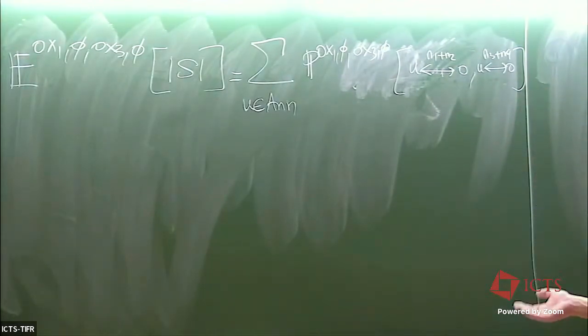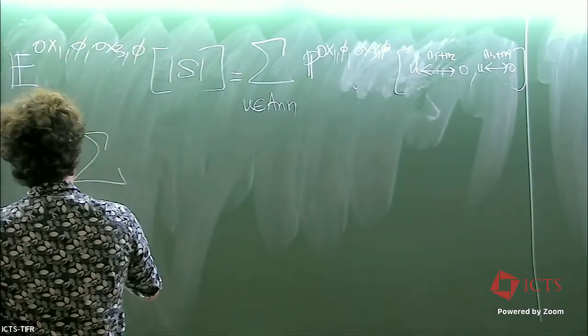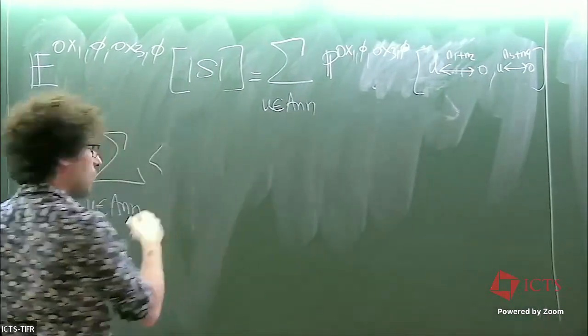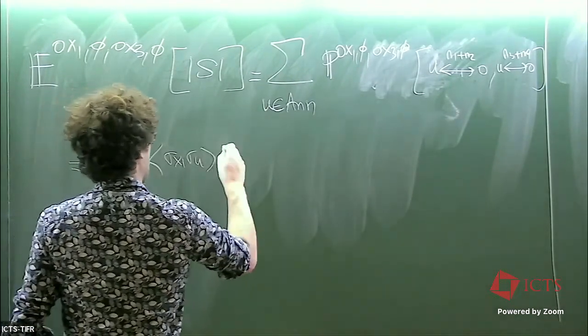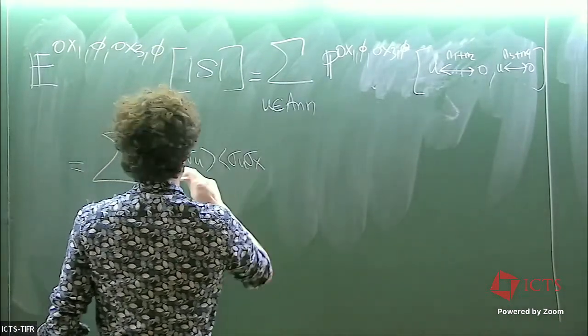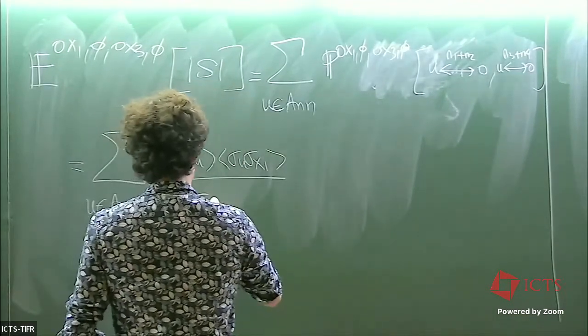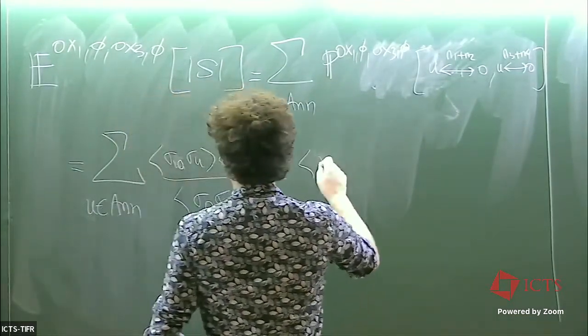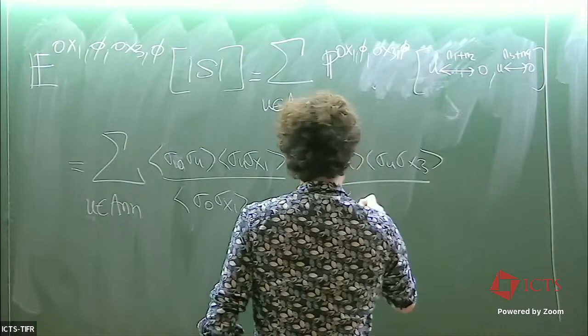And I exactly know how to estimate them. We did that several times already. U connected to 0, when I have sources 0x1 and empty set, I can switch the source. So this thing is exactly equal. There is not even a correction to the sum for U in the annulus. And with the game of renormalization, I will get the following quantity: sigma 0, sigma U, sigma U, sigma x1, over sigma 0, sigma x1, and I get sigma 0, sigma U, sigma U, sigma x3 over sigma 0, sigma x3.